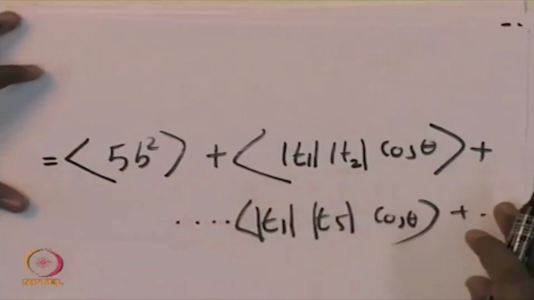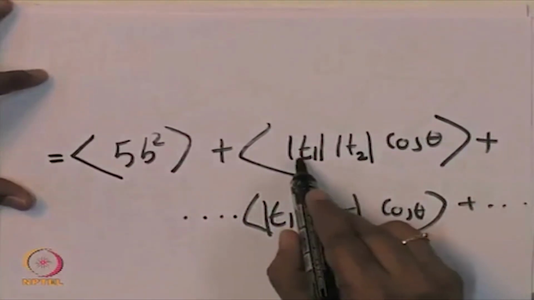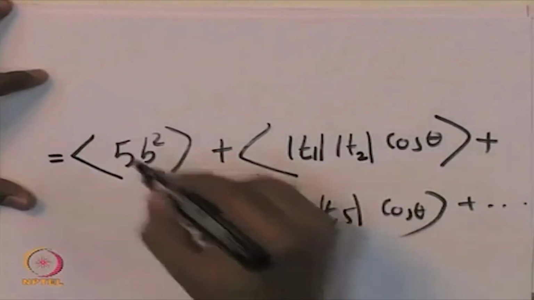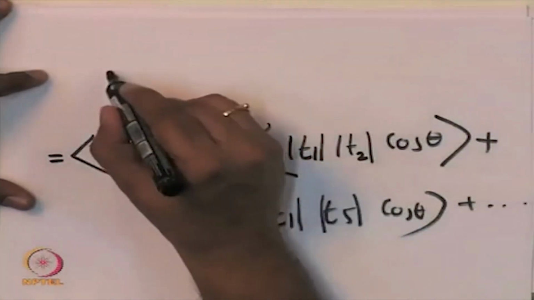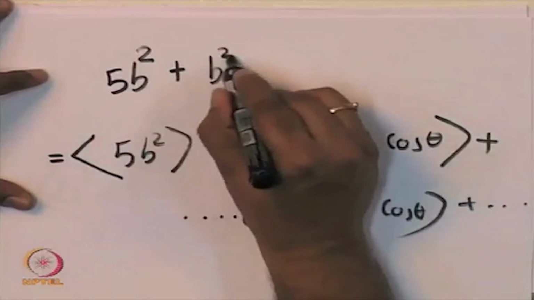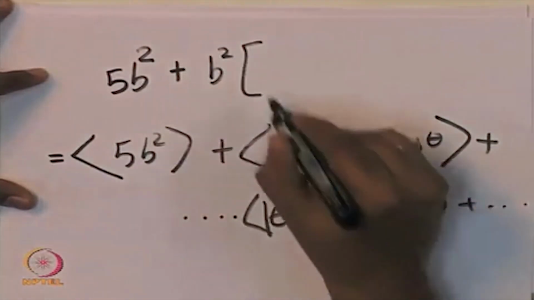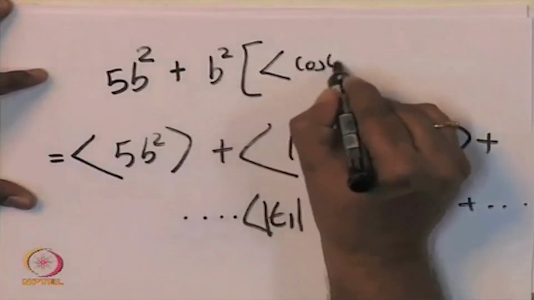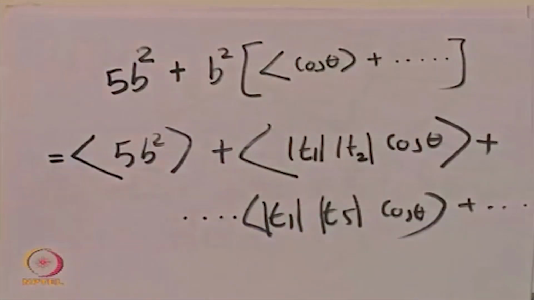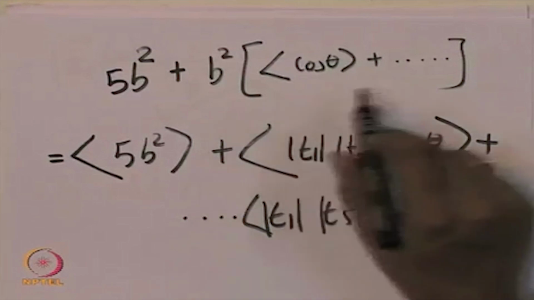Now what do we get? T1 dot T2 involves b square, so you can take b square out from everywhere, and 5 b square average is 5 b square itself. So, 5 b square plus b square into cos theta average plus dot dot, many cos theta averages. Now, what is cos theta average?